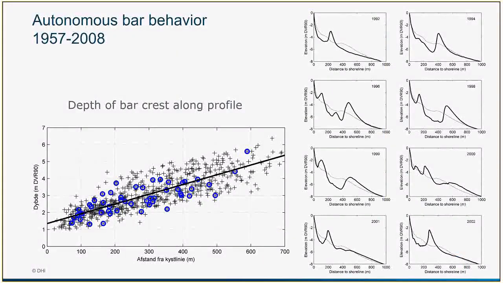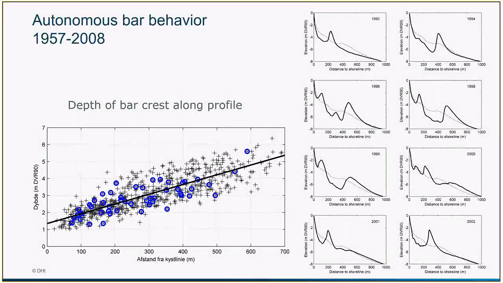So here we can see some of the profiles that have been extracted. In the black thick line we have the measured profile, and in the dotted line we have the average profile over time. And this behavior that we've detailed before is very easy to see.